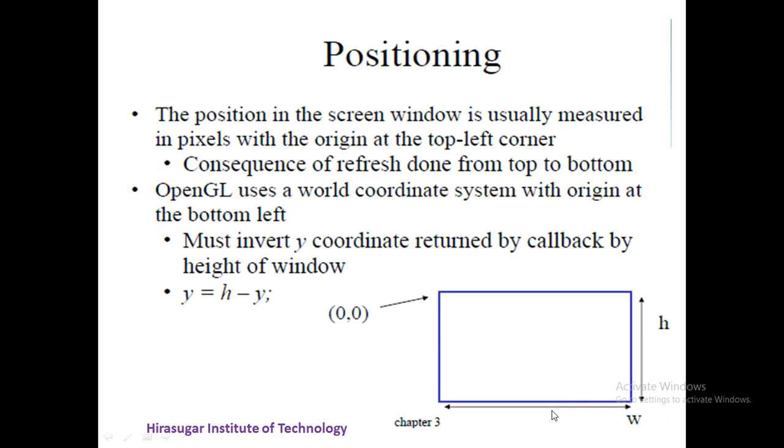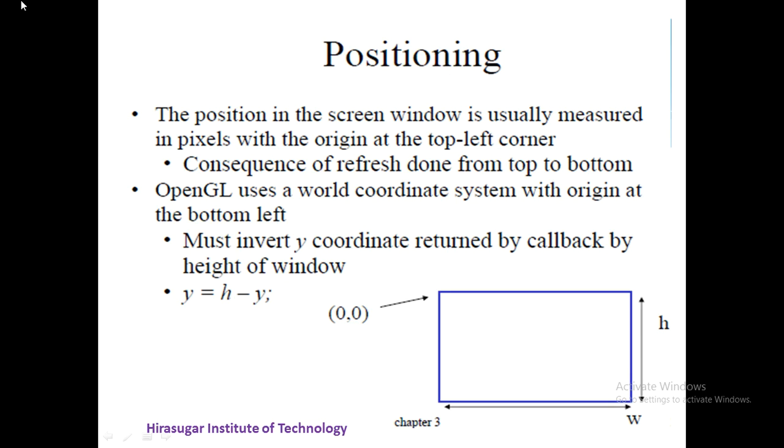That's why you must invert the y coordinate returned by the callback using the height of the window. You have to invert the y value that the operating system has given. This is only a problem with y; there is no change in x. X always increases to the right, whether it is top left or bottom left.